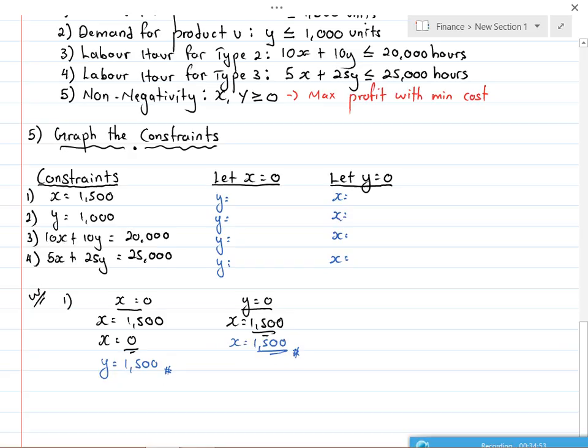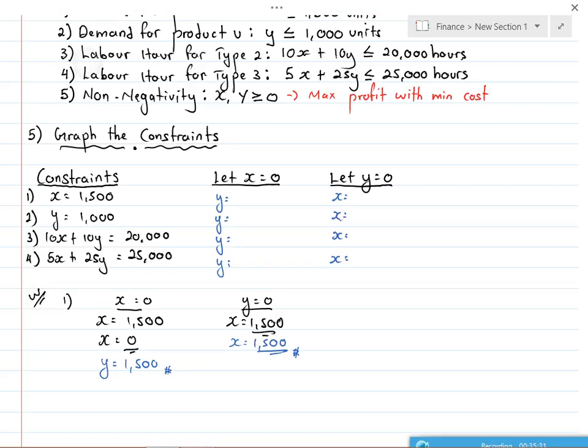Are you sure? How come you can say both 1500? Cannot, right? So how does it work? When x equals 0, y is 1500. When y equals to 0, what should be here? We cannot have both 1500.